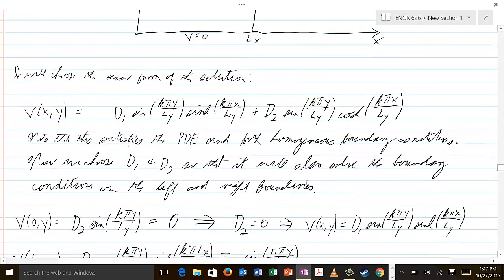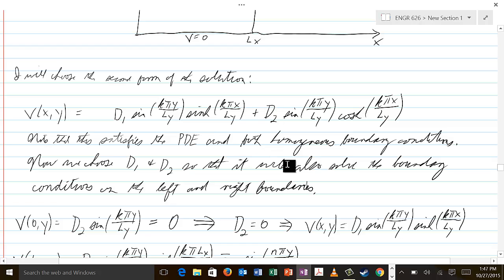And along the left boundary, let's see what happens. When x is equal to 0, the sinh of 0 is 0. So along the left boundary, this term will go away. And the cosh of 0 is equal to 1. So along the left boundary, in other words, when x is equal to 0, this just becomes d2 sine of k pi y over Ly.